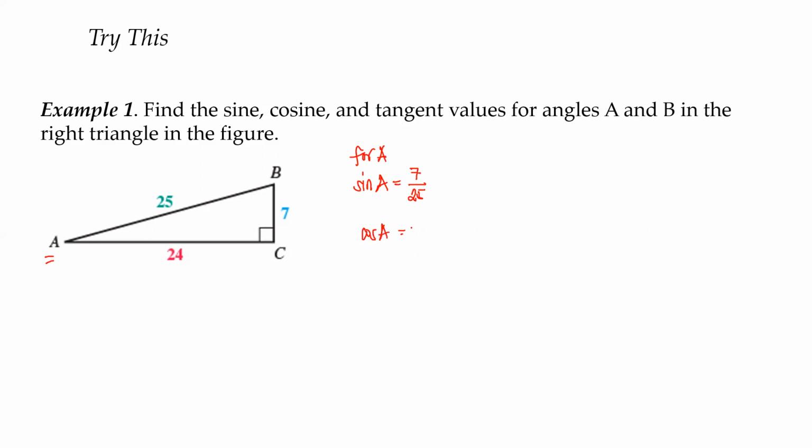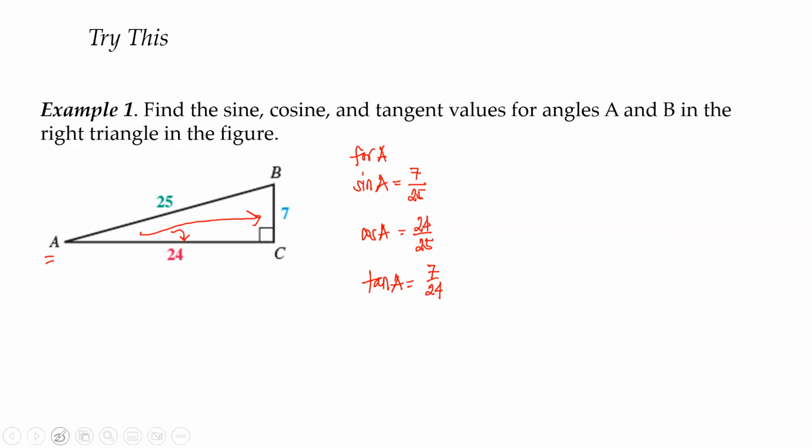Cosine A is equal to adjacent over hypotenuse. So this time the adjacent is 24, and still the hypotenuse is 25. For our tangent A, that is opposite over adjacent. So opposite to angle A is 7 and adjacent to A is 24. So that's 7 over 24.